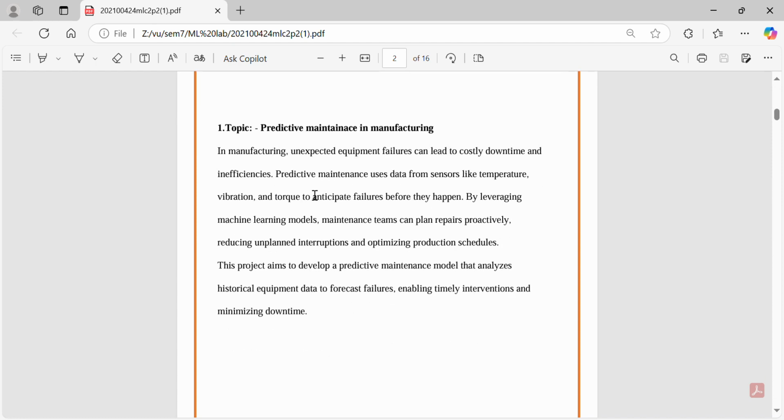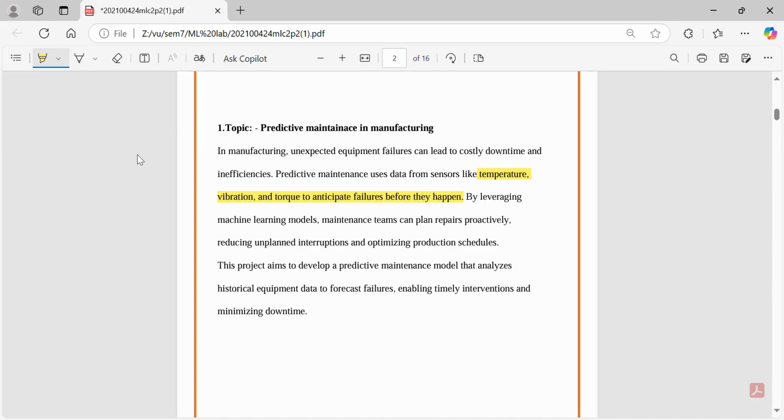It could be done with data, such as sensors measuring temperature, vibration, and torque, which are important ways to anticipate failure before it happens.